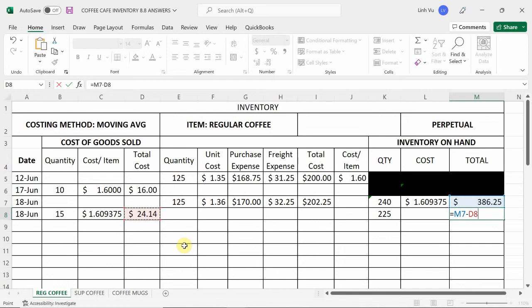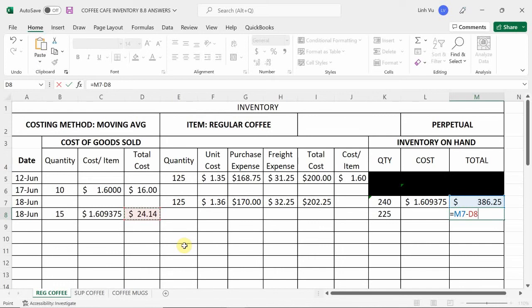The total cost, not the cost per item. I need to know what the total cost is before I'm able to calculate my cost per item. So if I started out with $386.25 and I just sold $24.14, how much do I have?